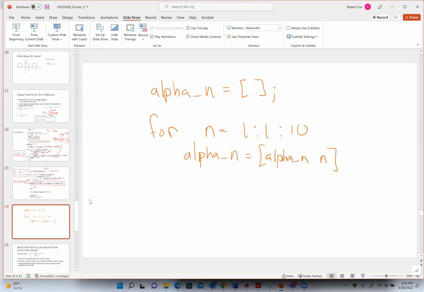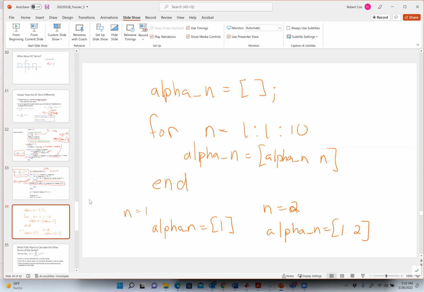For n equal 1, I would end up with alpha n equal to 1. For n equal 2, it would be alpha n equal to 1, 2, and so on and so forth.